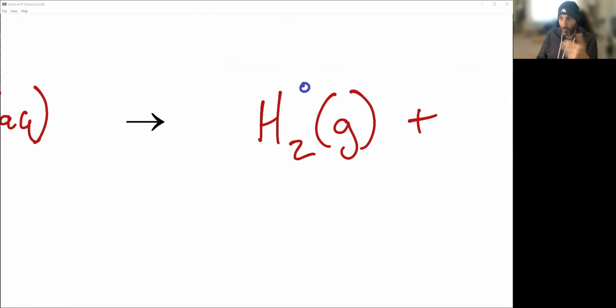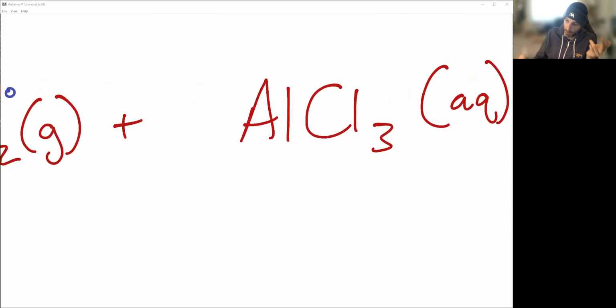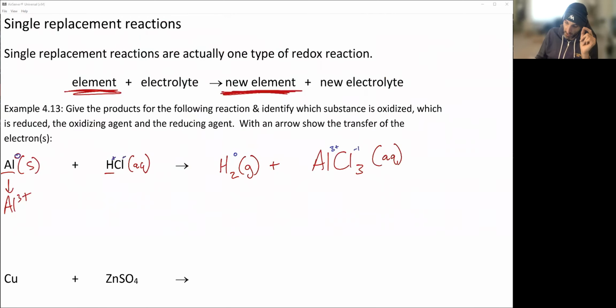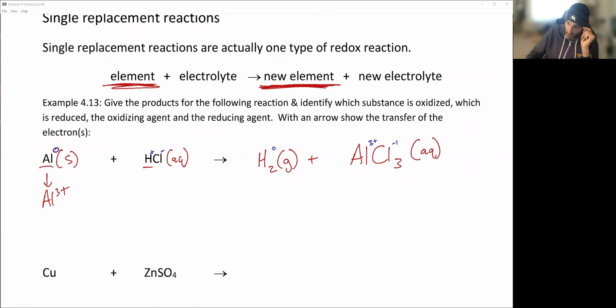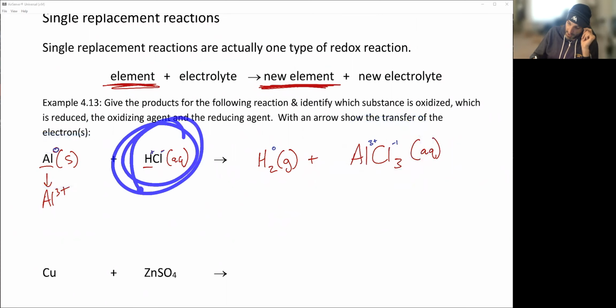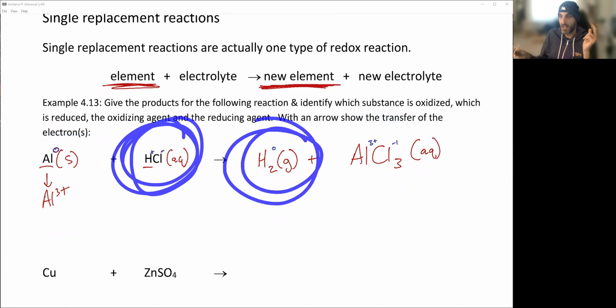Anything in its elemental form has to be neutral. And I know that chloride is -1 and aluminum is 3+ when it's in a compound. So aluminum is neutral when it's by itself, and it is charged when it's in a compound. Hydrogen has a charge when it's in a compound, and it's neutral when it's by itself.